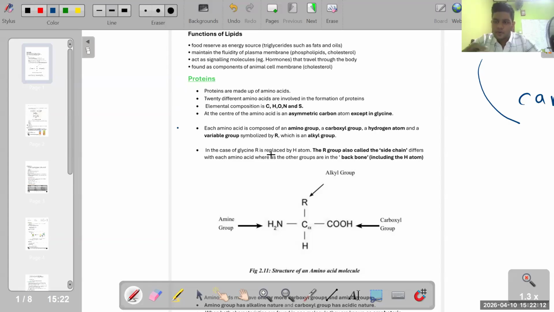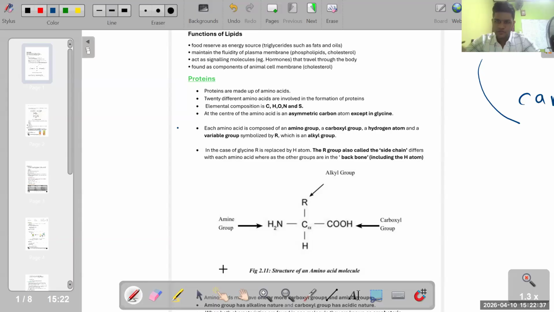So, what are the small molecules that make a polymer, which have a common name? What is that common name? What are the small molecules which form a large molecule or a large polymer?